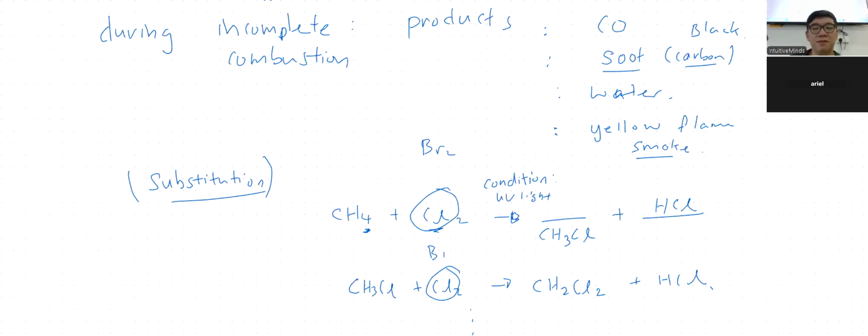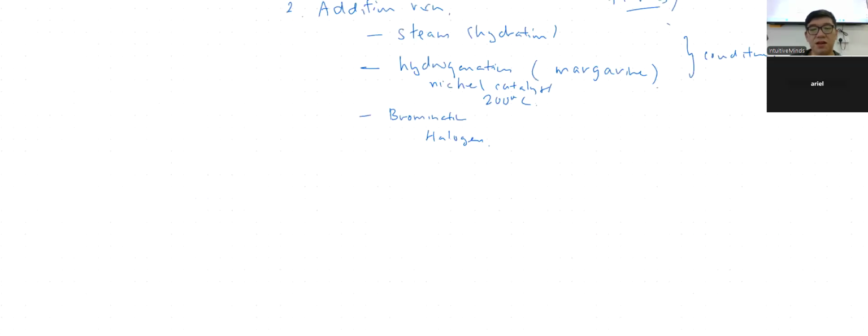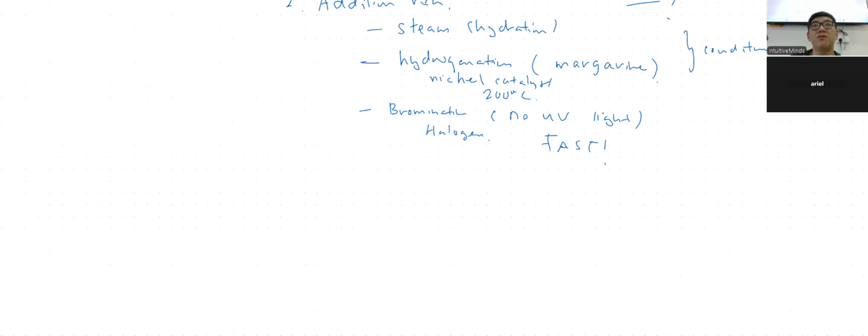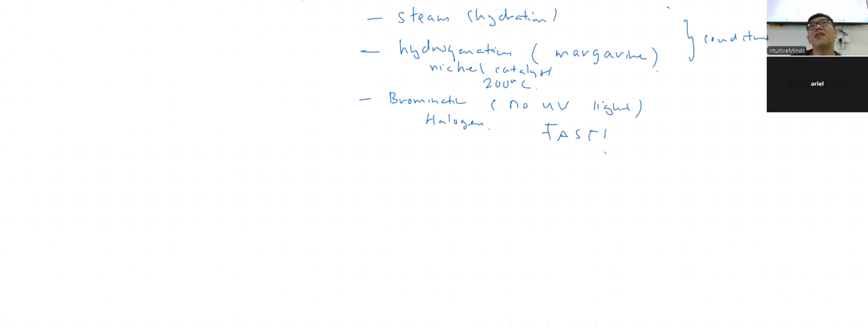They are all group 17, meaning you should expect the same results. Now here's the thing, bromination needs no UV light, and it's fast. It can happen very fast. You don't need to wait for the reaction to slowly take place.